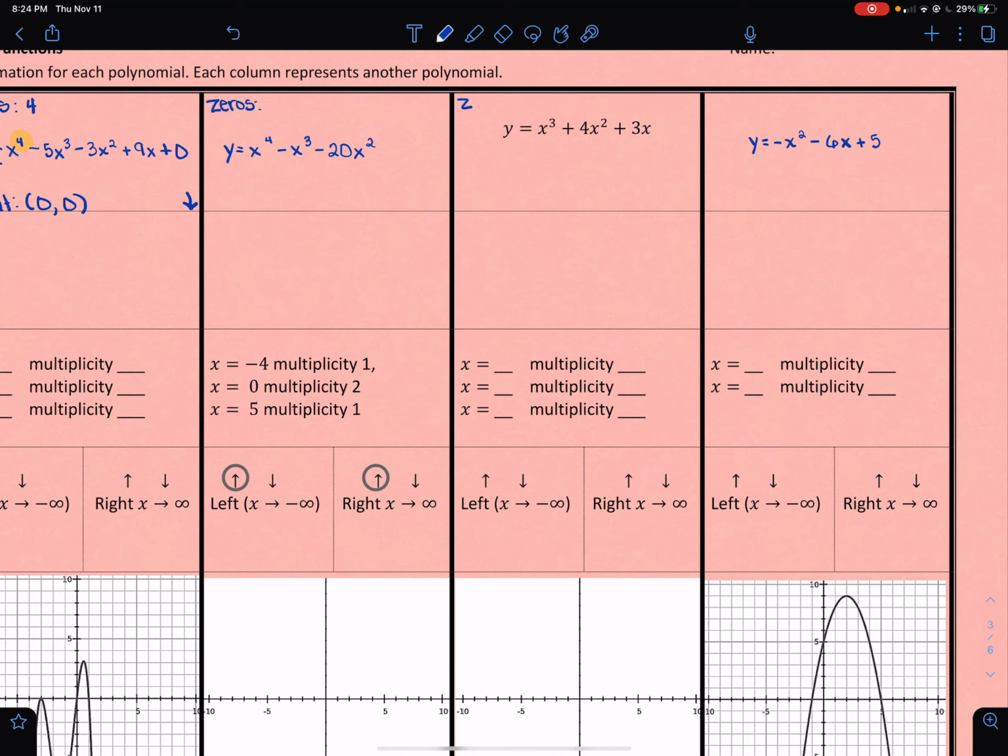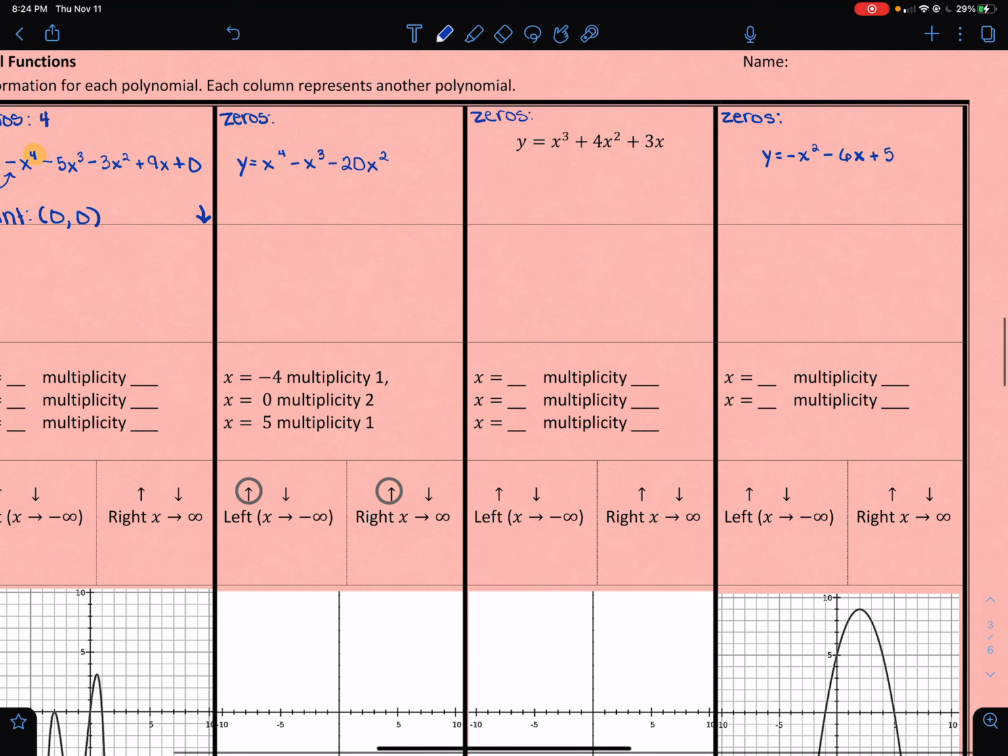All right, so looking at the second column, just doing the first row. We have not gone on to anything else yet. So the number of zeros on this one is 4. Okay. My y-intercept on this second column is going to be 0, 0.